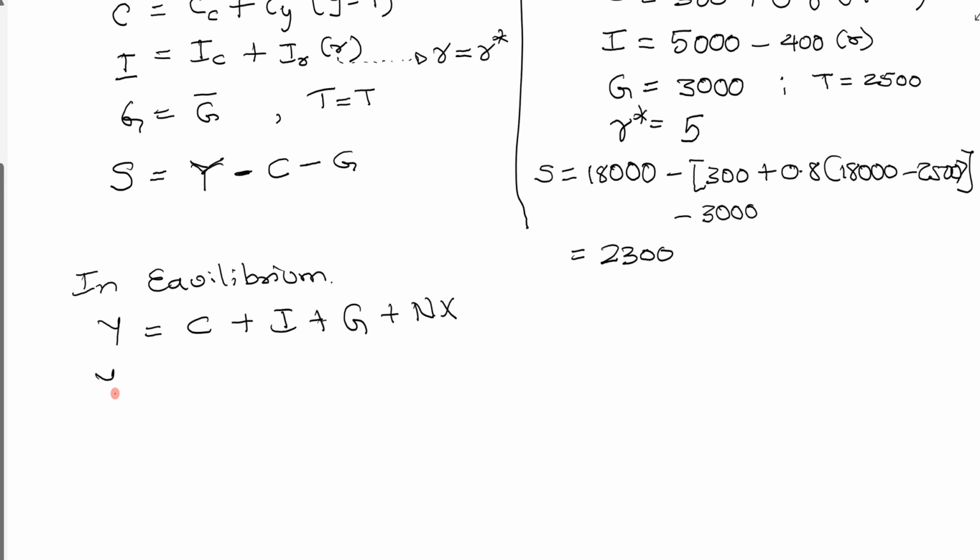And so when you move the terms, you get this same expression of savings, Y minus C minus G, and then minus I is equal to NX. So this expression out here, Y minus C minus G, is your S, and S minus I is your NX.